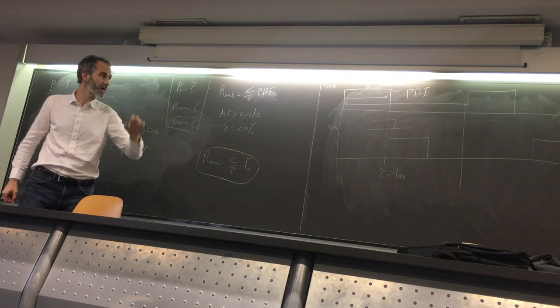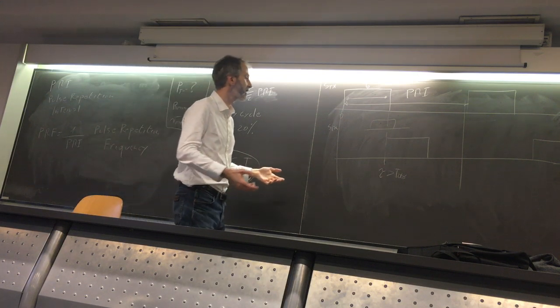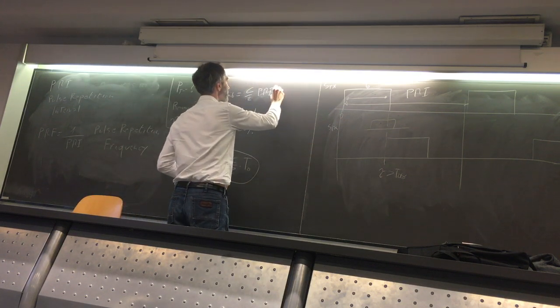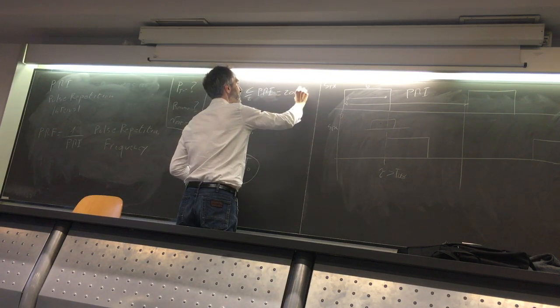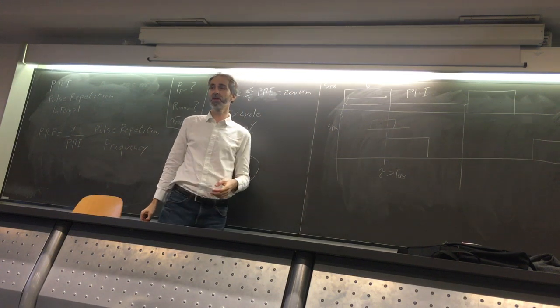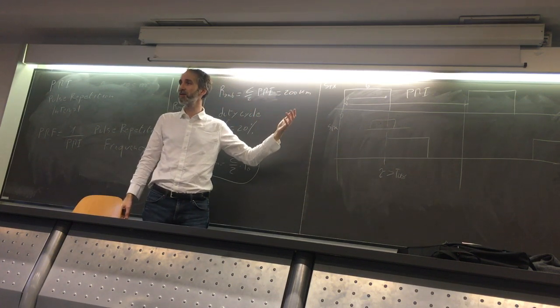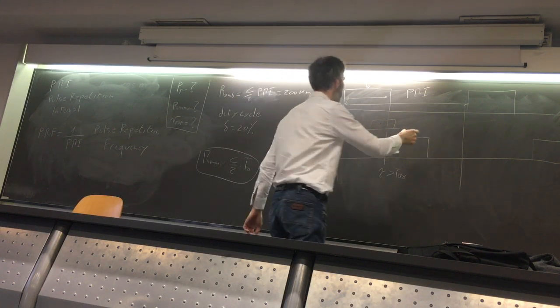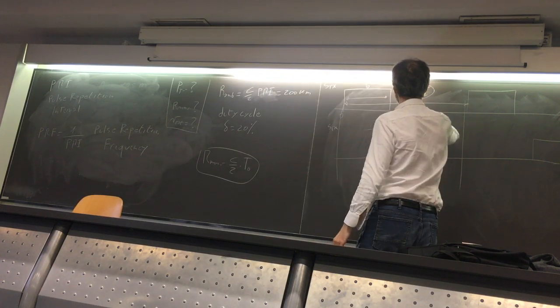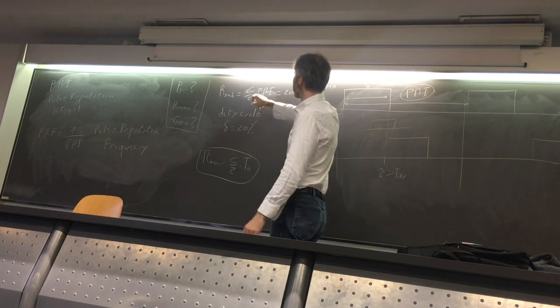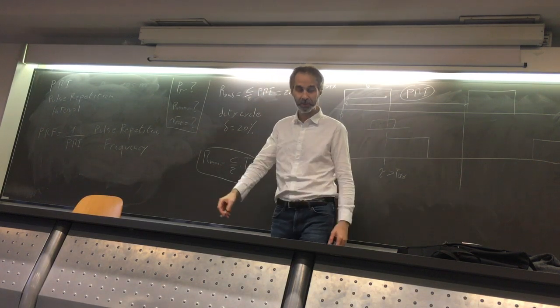And so in this case, it is considered a safe distance, 200 kilometers. So to ensure this safe distance, just set the PRI such that this equation is verified.